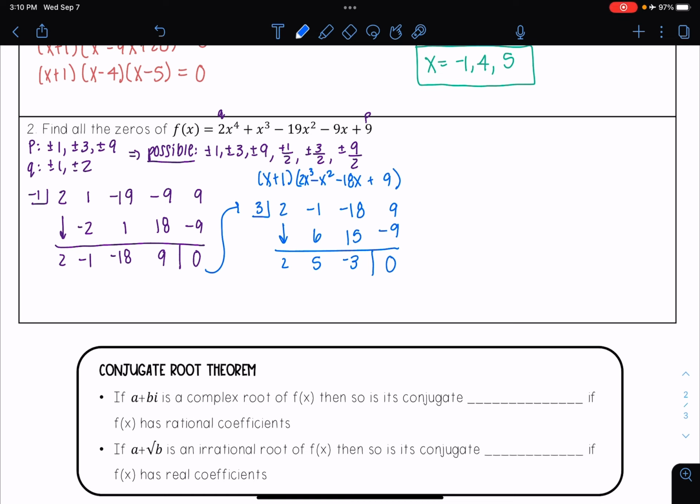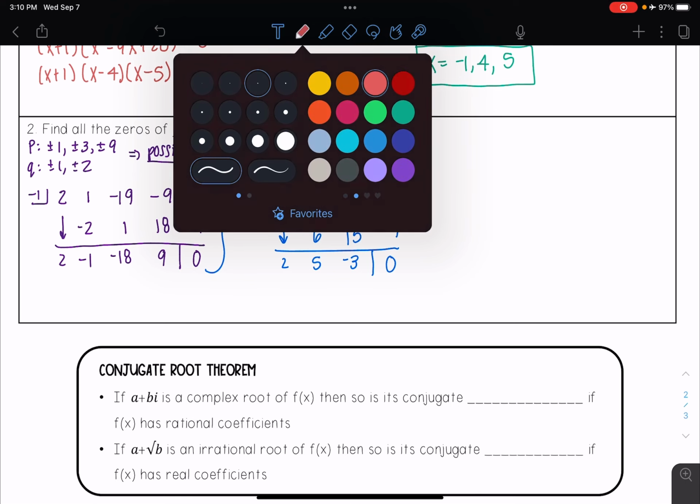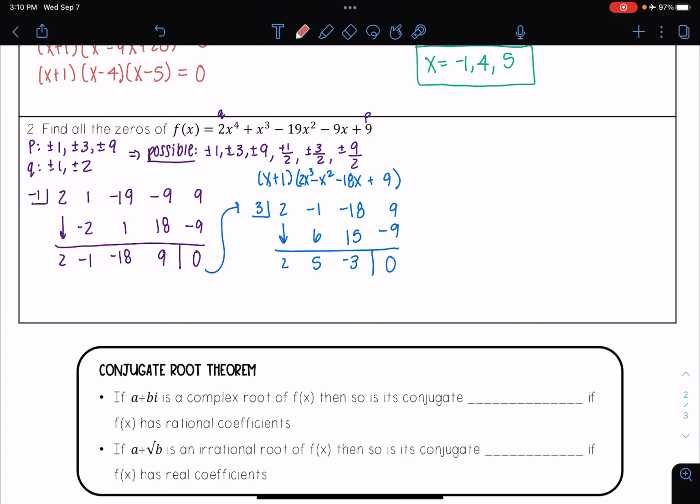So this time I do have a factor, because that gives me a remainder of 0. So that means that 3 is also a factor. So now I have that x plus 1 out in the front still. I now have x minus 3 since 3 was a factor. And I'm left with 2x squared plus 5x minus 3 is equal to 0.